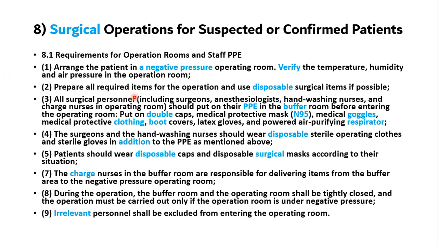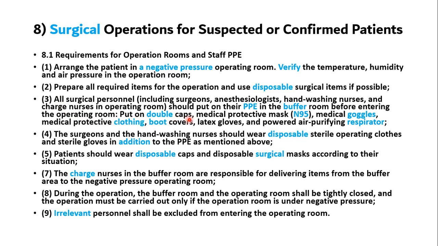Prepare all required items for operation and use disposable surgical items if possible. All surgical personnel, including surgeons, anesthesiologists, hand washing nurses, and the charge nurse in the operating room should put on their PPE in the buffer room before entering the operating room.